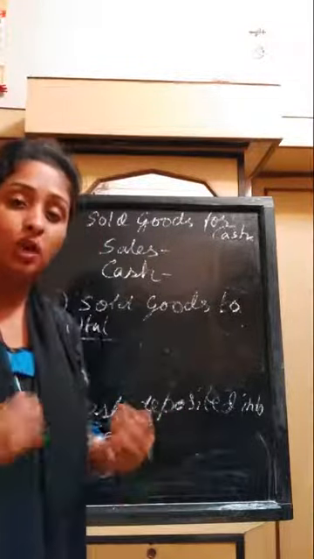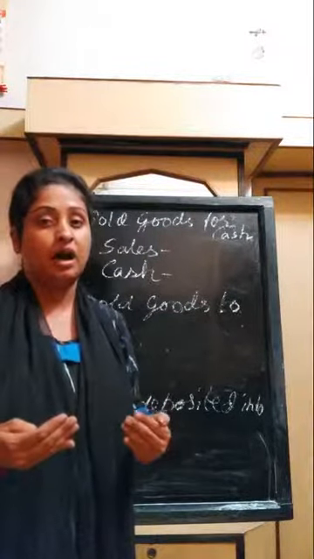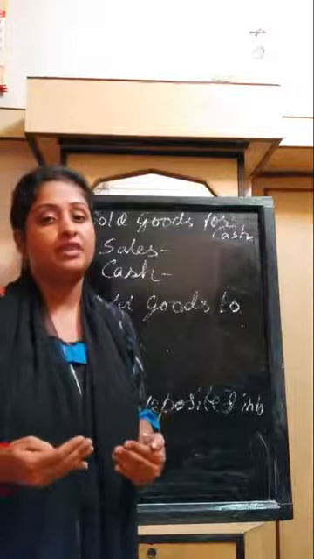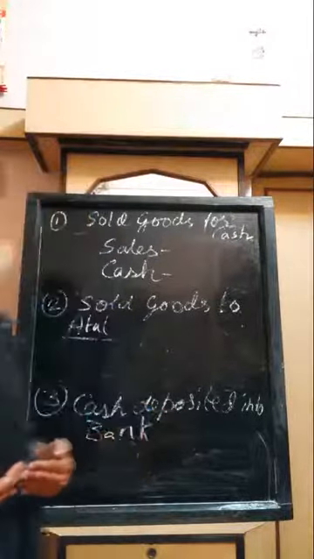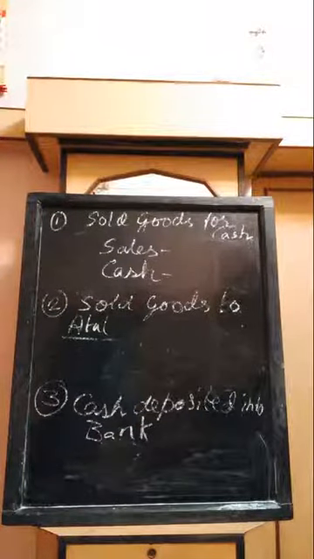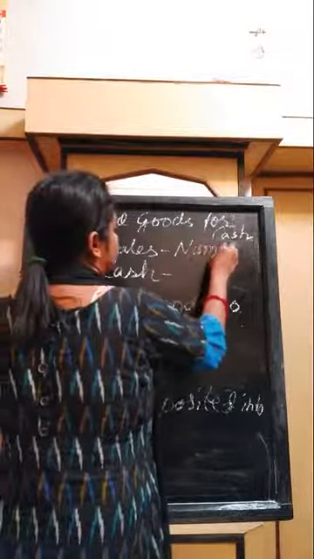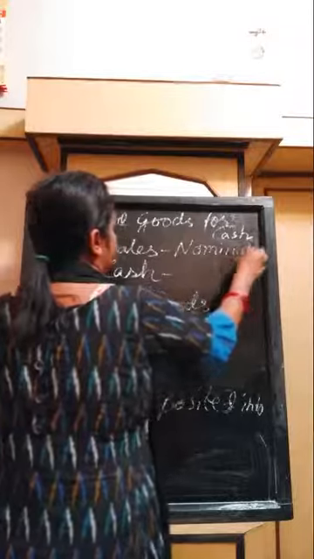According to the rules of nominal account, all incomes and gains are credited. So definitely this sales account will be credited. This is a nominal account, and a nominal account indicating income will be credit.